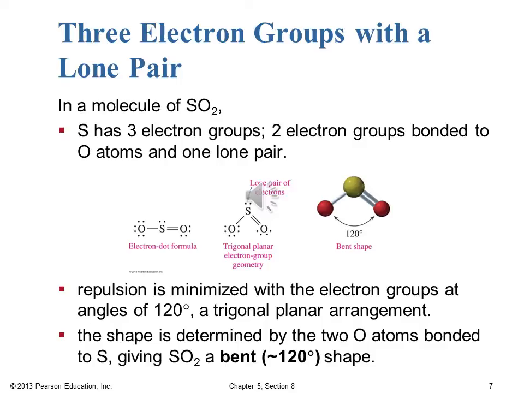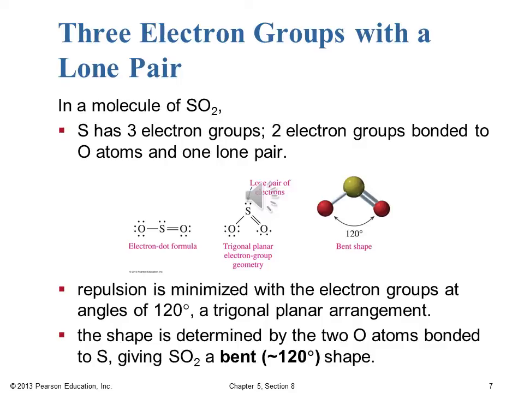In the case of boron trifluoride, our electron geometry was trigonal planar and our molecular geometry was trigonal planar because we had all of our electron groups as bonding groups. In this case, where one's a lone pair, we still have the electron groups in a trigonal planar arrangement, but the overall molecular shape is what we call bent because we only consider the bonding groups in molecular geometry.